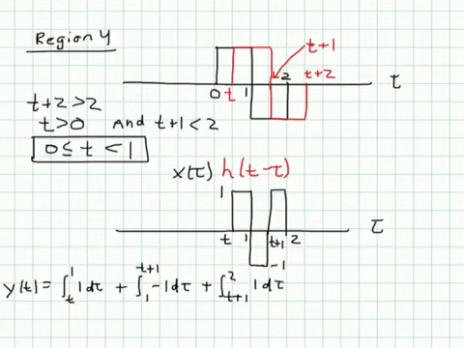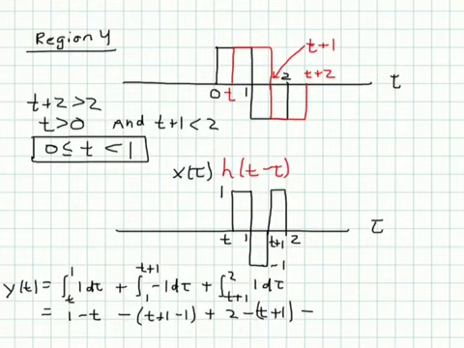And so this is, again, straightforward to evaluate. This one will be equal to 1 minus t. This one will be equal to minus t plus 1 minus 1. And this integral will be equal to plus 2 minus quantity t plus 1.